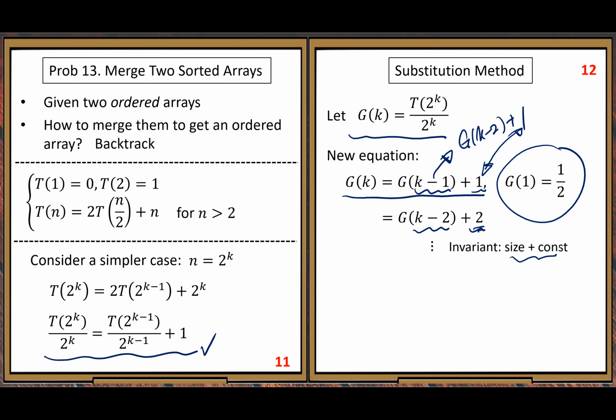We use this invariant to keep track of the correct version of each step until we reach the bottom one.